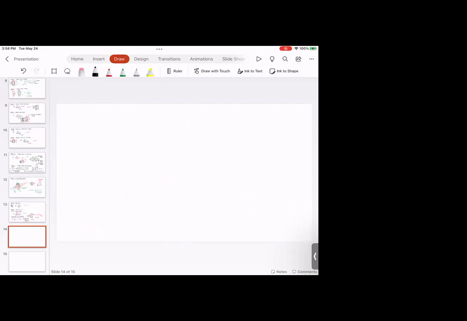Step 3, eye end failure in tension. So sigma t is equal to P divided by (D2 minus D1) multiplied by t.